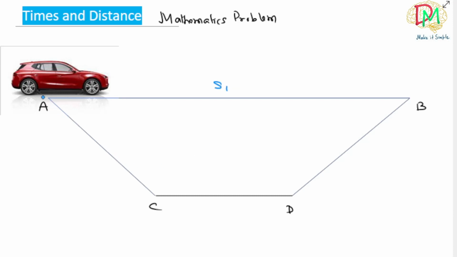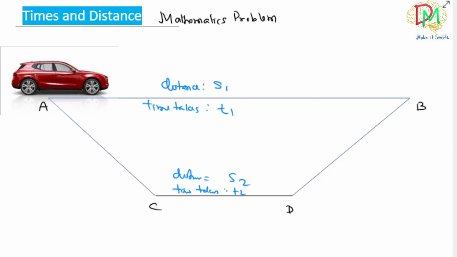Consider the AB distance is S1 and the distance ACDB is S2. The time taken by this car to move the distance S1 is T1, and the time taken to move the distance S2 is T2.